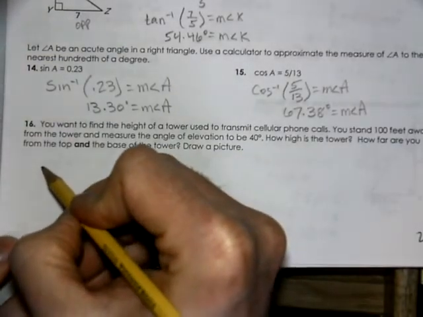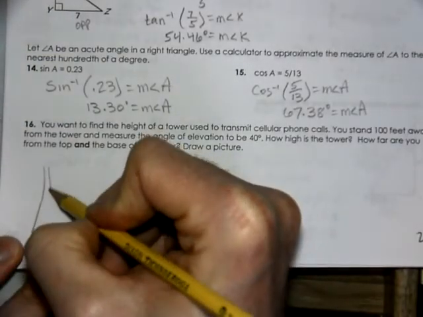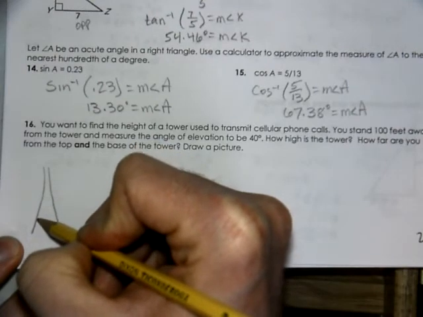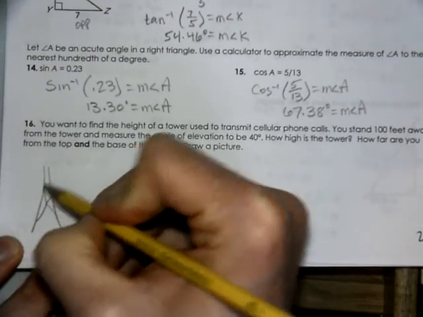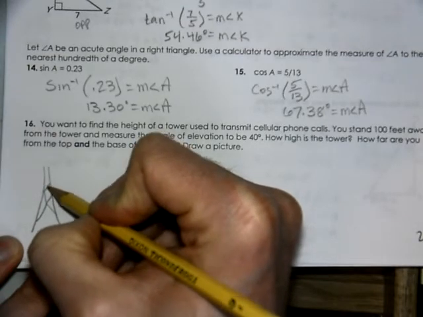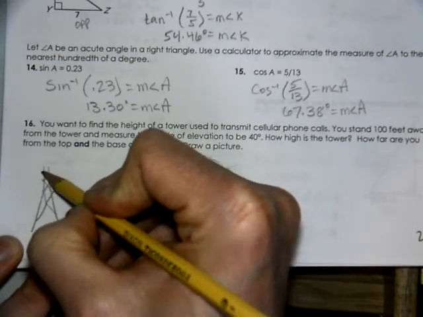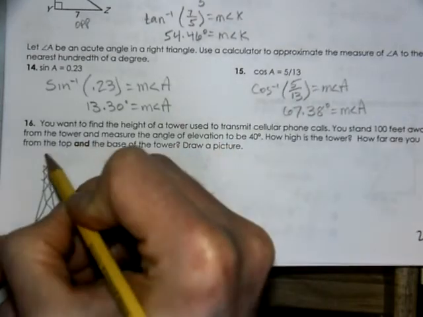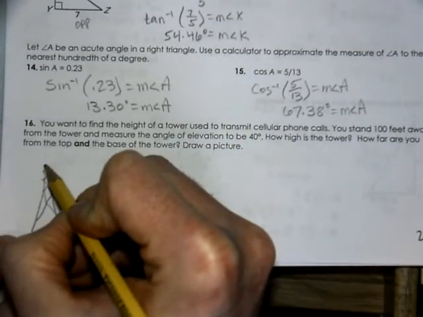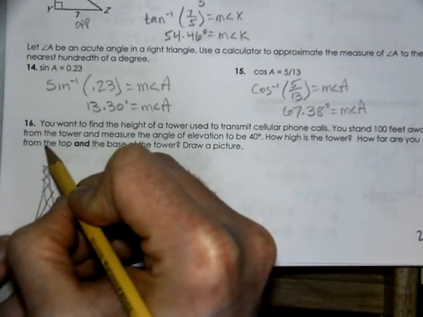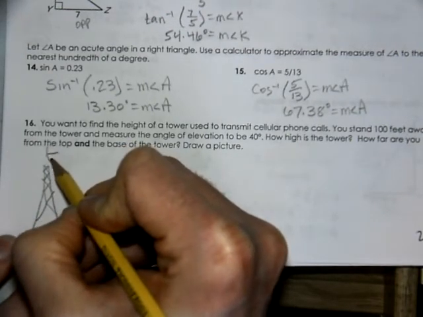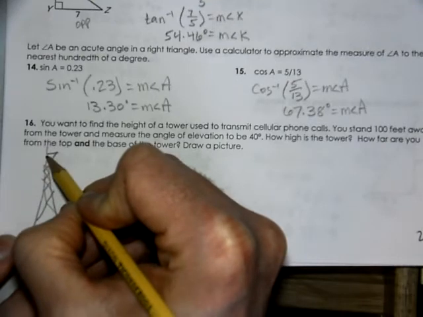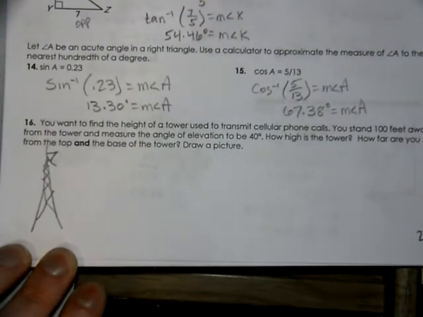So if we have this tower, alright, here's our little tower, and who knows what it might look like. Let's make it do this little curvy type thing. Okay, there's our tower.